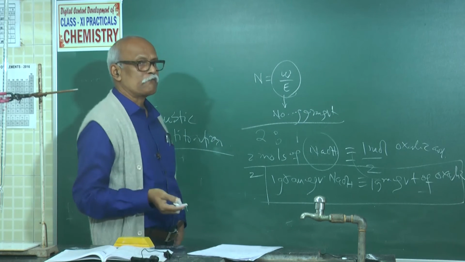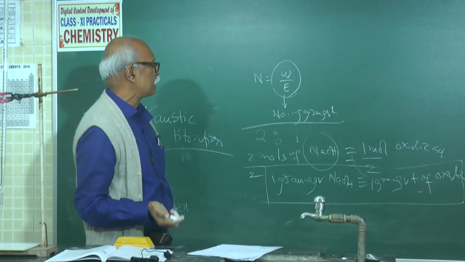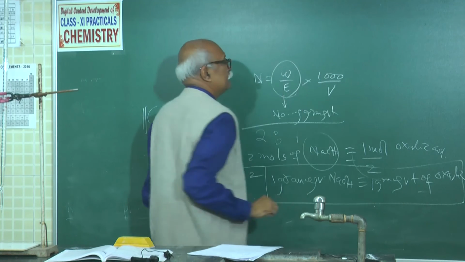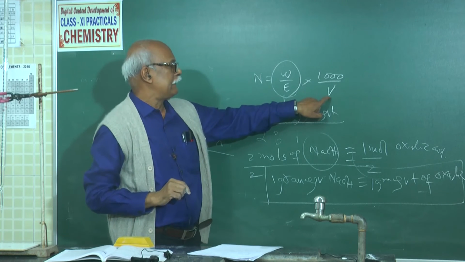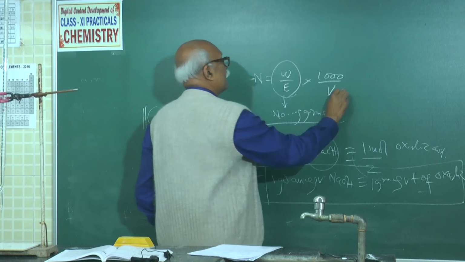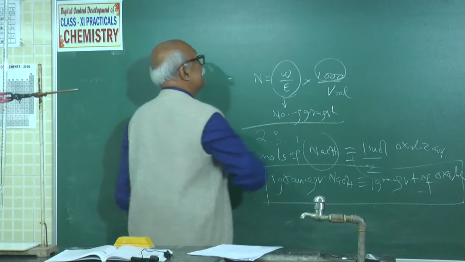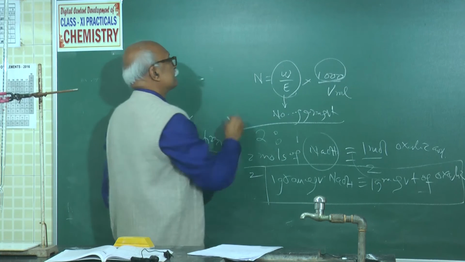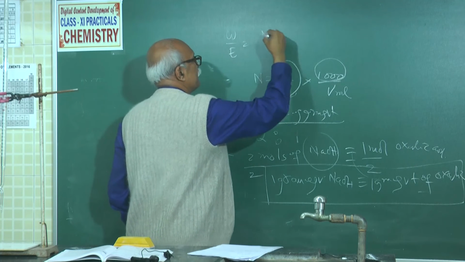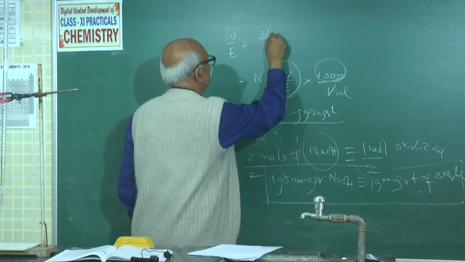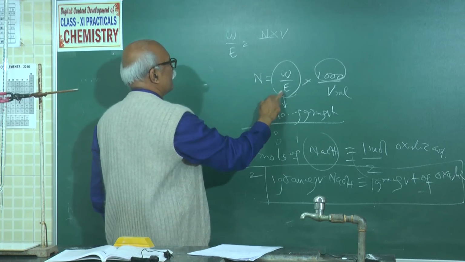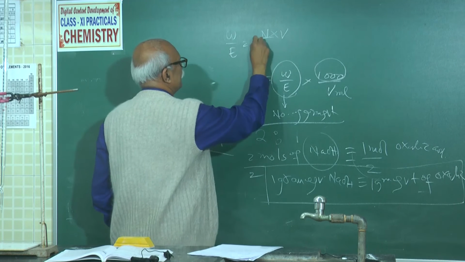And I am saying the number of gram equivalents of one is equal to the number of gram equivalents of other, and W by E into 1000 by V. If it is V liter, you have to consider 1 by V. But if you consider it in milliliter, then liter is converted to milliliter. So you see in this case, W by E is equal to N into V by 1000.